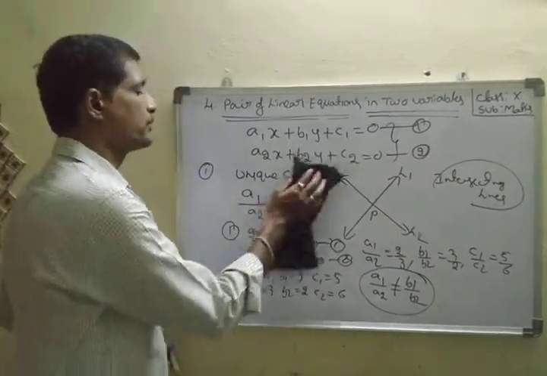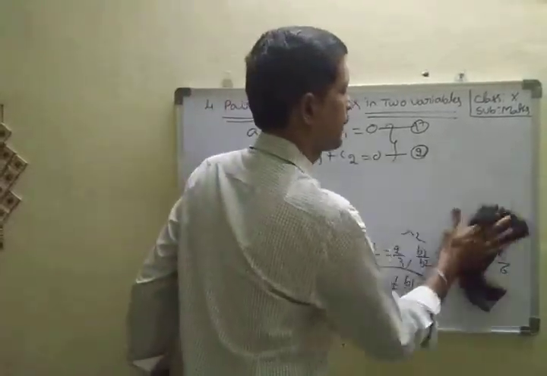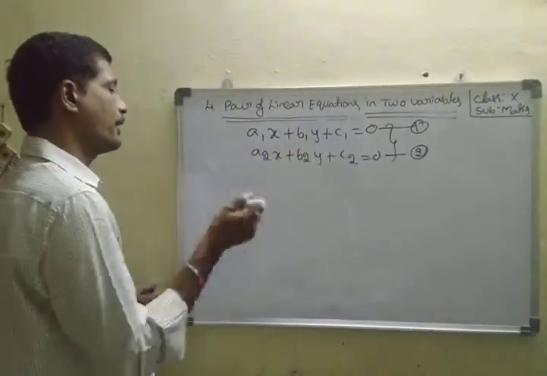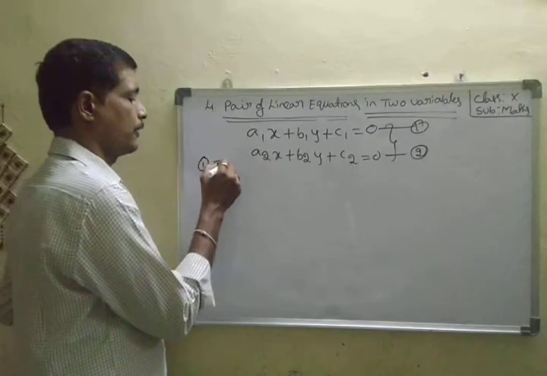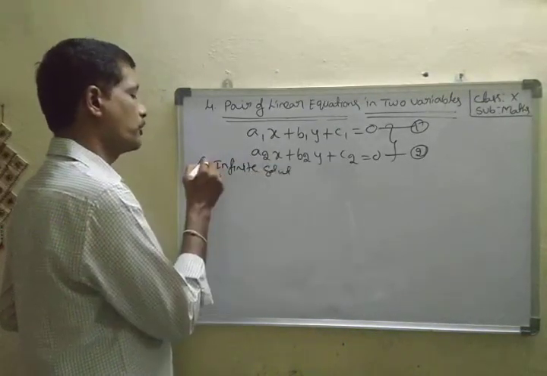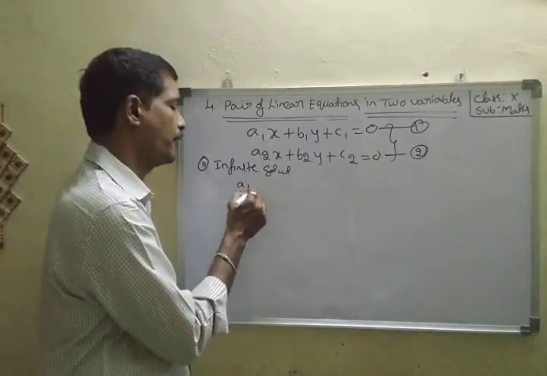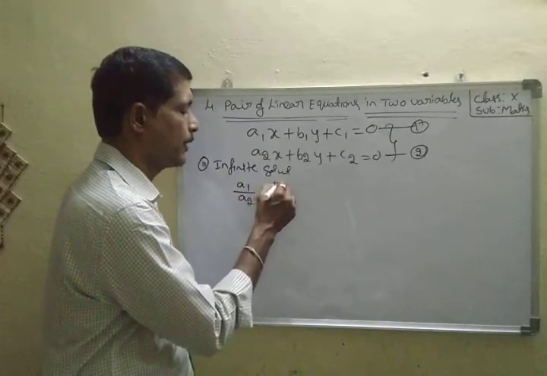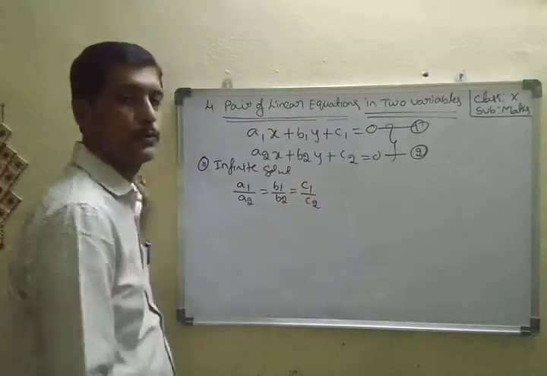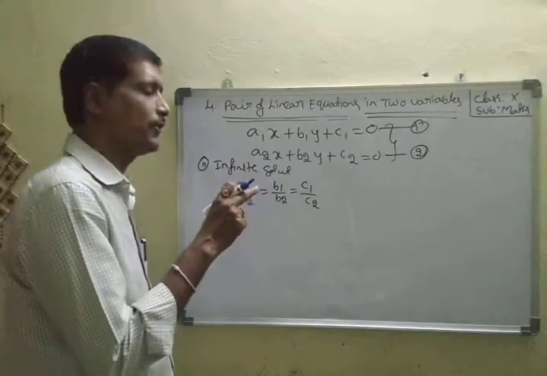Okay, next one is infinite solutions. Infinite solutions means many solutions, both are the same. Therefore the condition is a1 by a2 equal to b1 by b2 equal to c1 by c2.